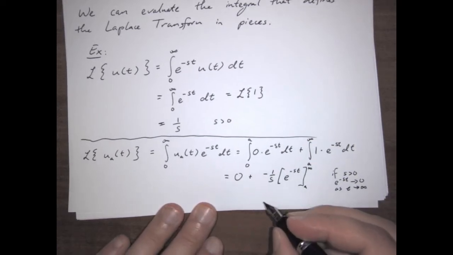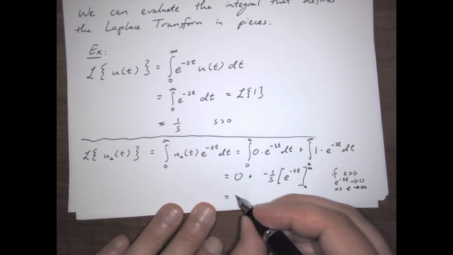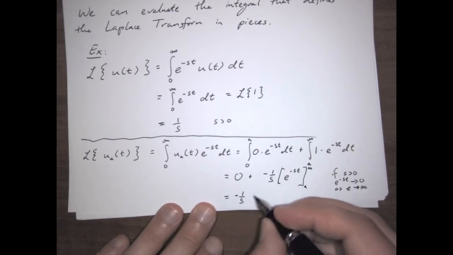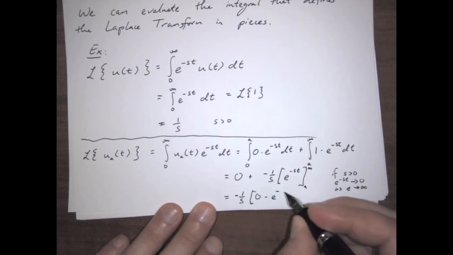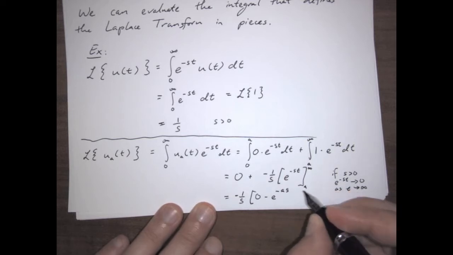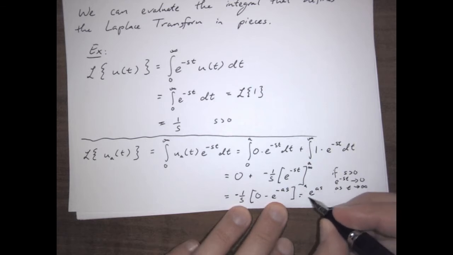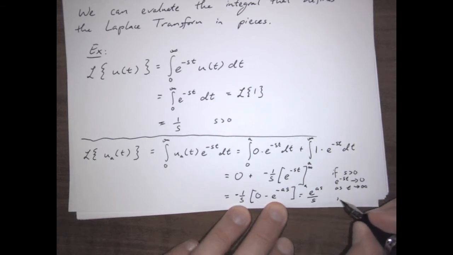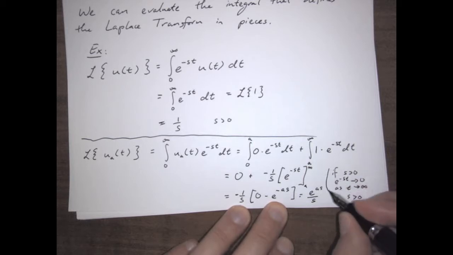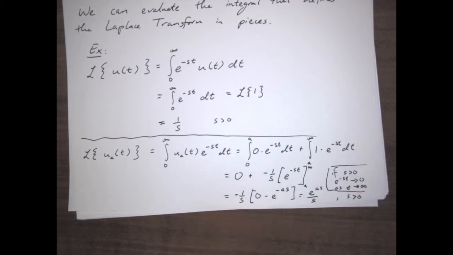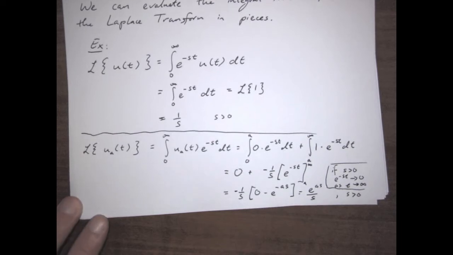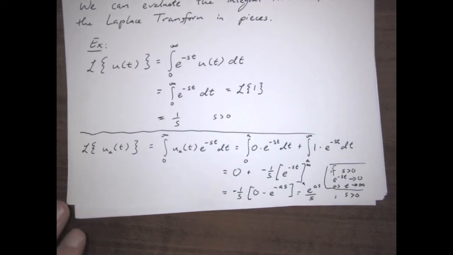And so what that means is we're going to have negative 1 over s, and then here this is going to be 0 minus e to the negative sa, or as. And so that's going to equal e to the negative as over s, as long as s is greater than 0. Okay.